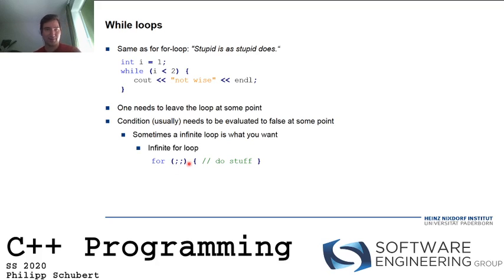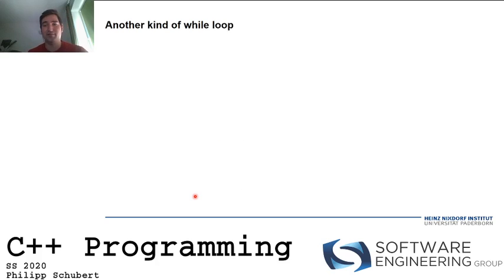So you can also have it completely blank, and then you can have a loop body associated with that for loop, and then this is executed infinitely many times. So this would be one way to write an infinite loop. Another way to write an infinite while loop is just while true, because true is a condition that always evaluates to true, because true is true. So you also created an infinite loop.